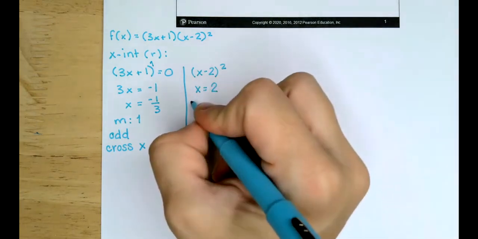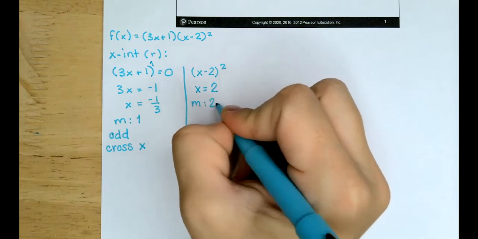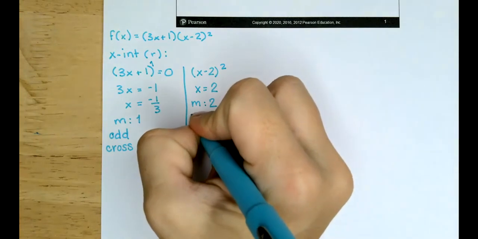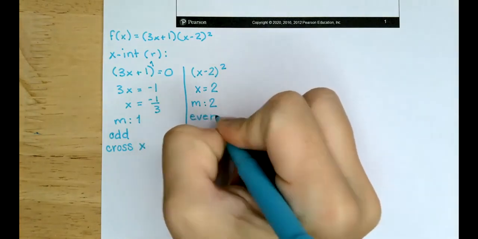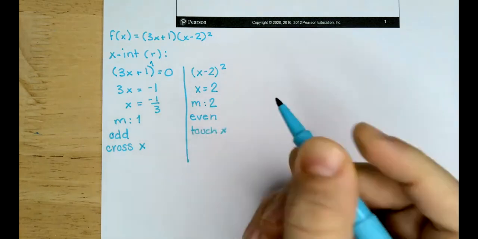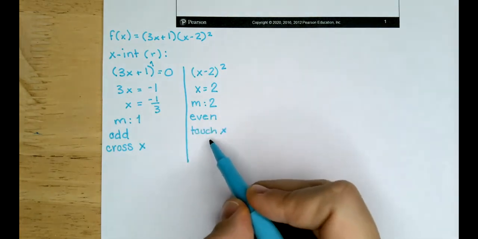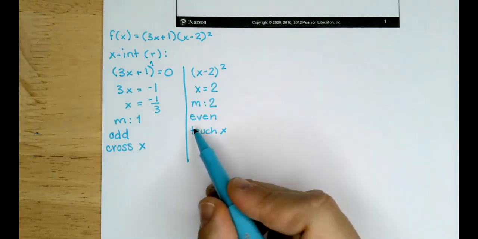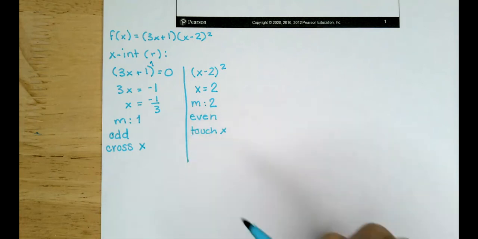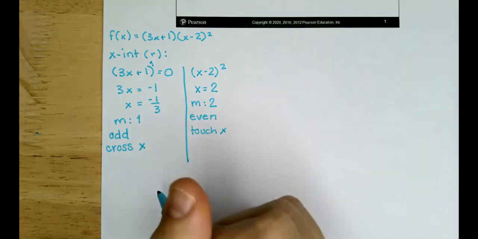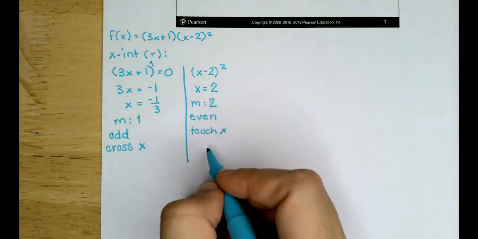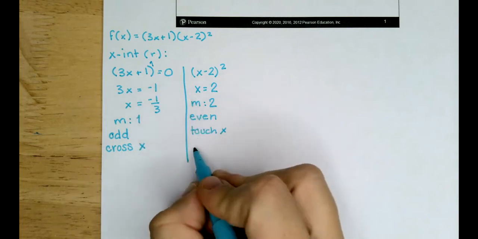The multiplicity here is 2 because it has an exponent of 2. 2 is an even number, and even numbers mean they touch x but do not cross. Okay, so it's kind of like you go up to the x and you come back down, or you go down to the x and you come back up, where cross is just a line straight through the x-axis. Okay, so those are our 2 x-intercepts. We have an x-intercept at 2 where it touches and an x-intercept at -1/3.